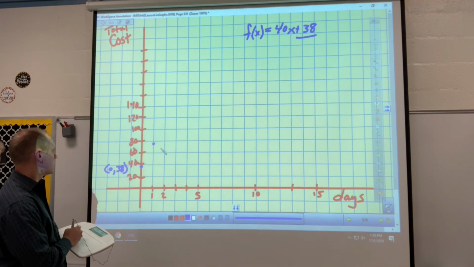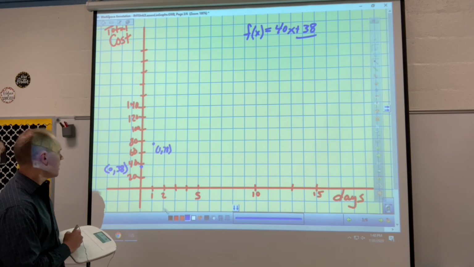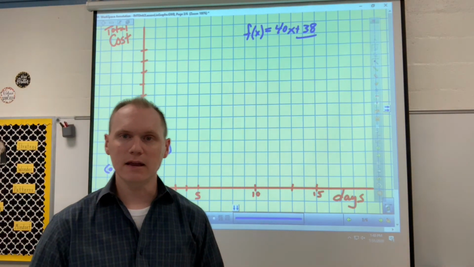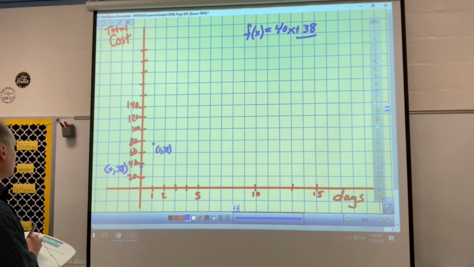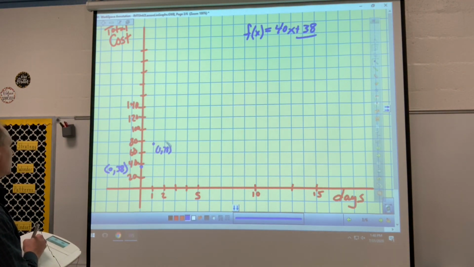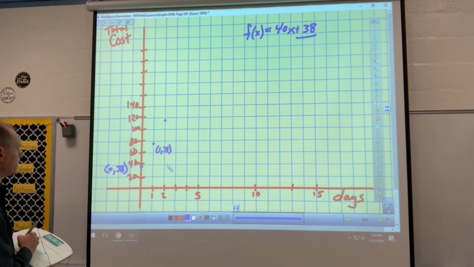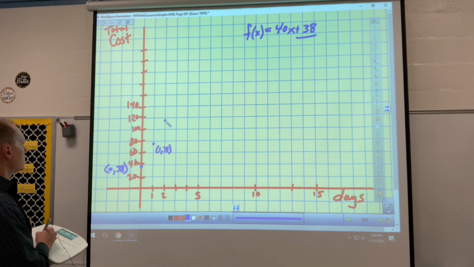After 2 days, that's going to be 38 plus 80, right? 38 plus 80. So it's going to be 118. Right there. So on day 2, we're right there at 118.